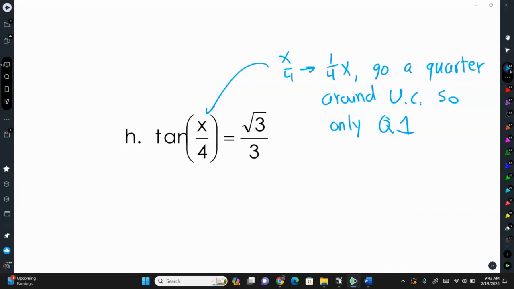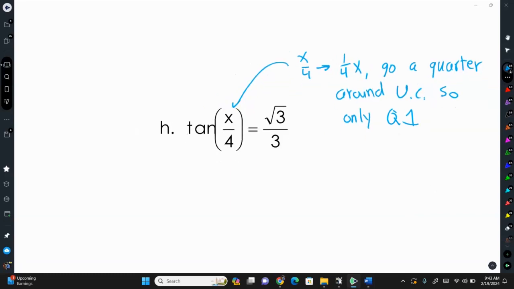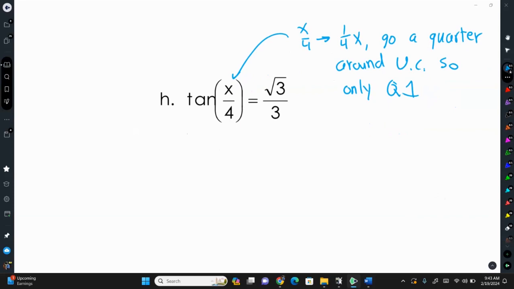So when is tangent the square root of 3 over 3? Well, it's like that at pi over 6. And yes, in quadrant 3, the tangent is also equal to the square root of 3 over 3 at 7 pi over 6, but that's not in quadrant 1.